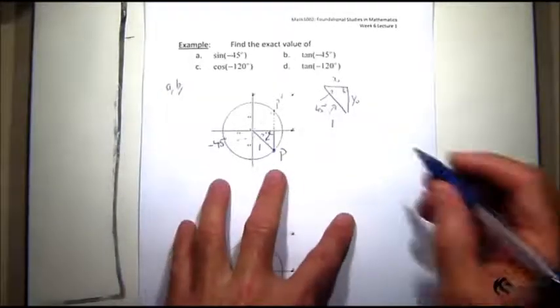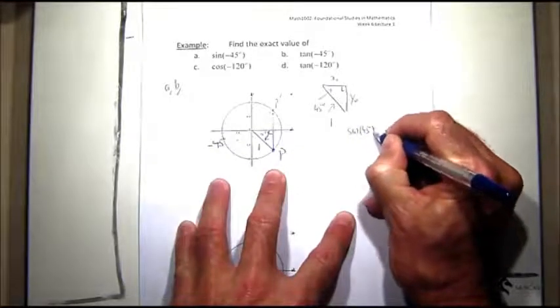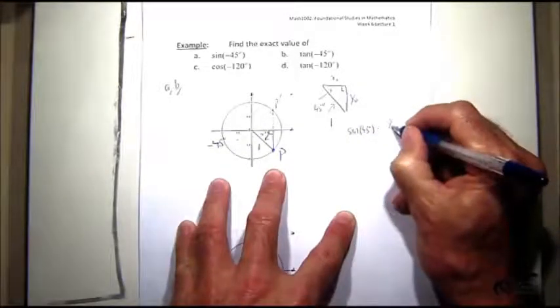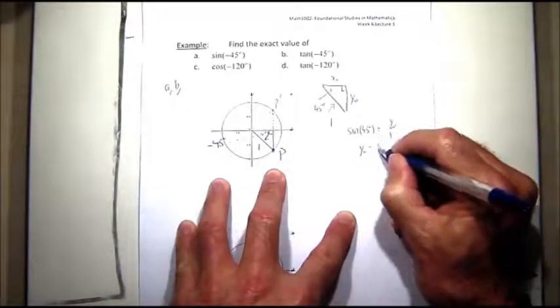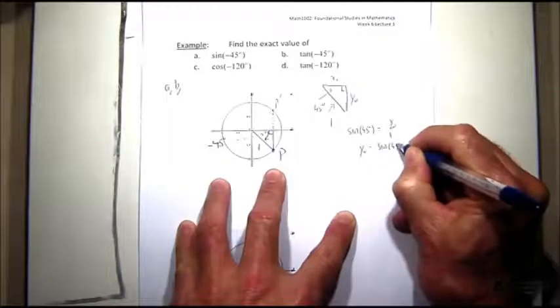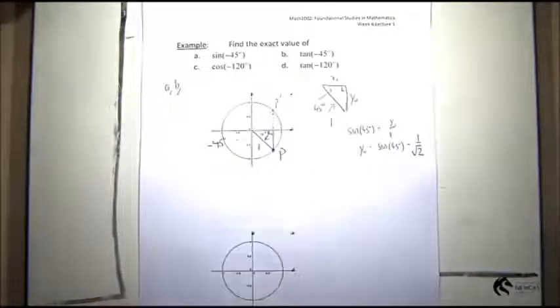So I know, for example, that the sine of 45 degrees is y0 over 1. So y0 is equal to the sine of 45 degrees. And we know, if we look back at our special triangles, that the sine of 45 degrees is 1 on root 2.